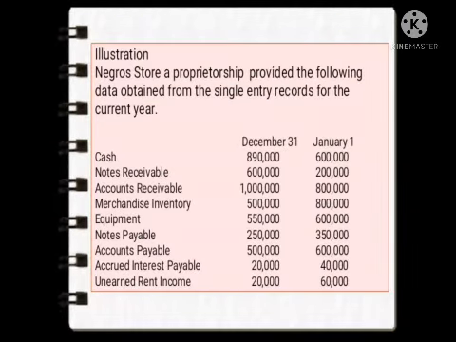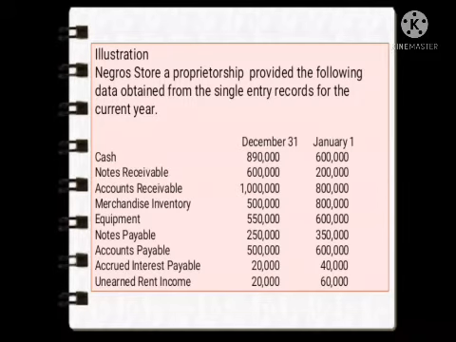Here is an example in the preparation of financial statements, such as the income statement and the statement of financial position, using single entry records and the single entry methods. Negros Store, a proprietorship, provided the following data obtained from single entry records for the current year.